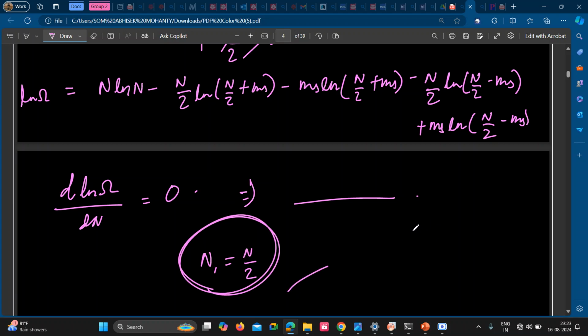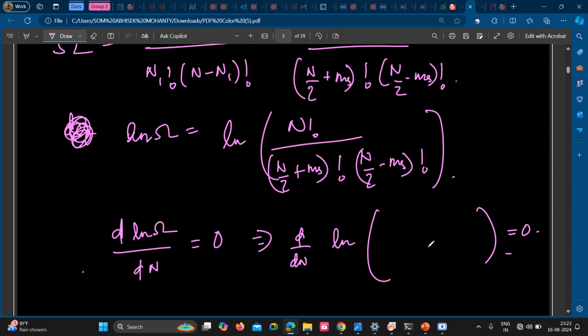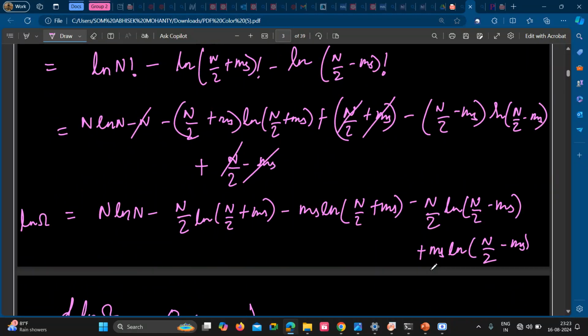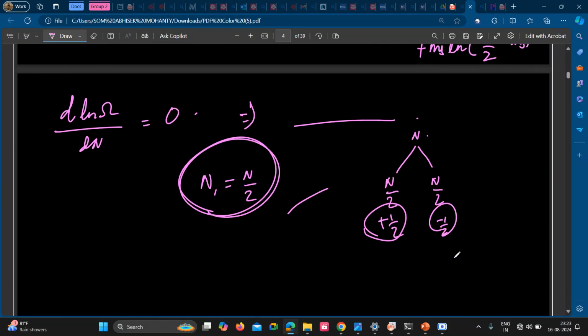It will always be divided into halves, like n by 2 plus half, and n by 2 minus half. I've done this so many times. I hope you understood. Just write it down so that we can move to the next question.